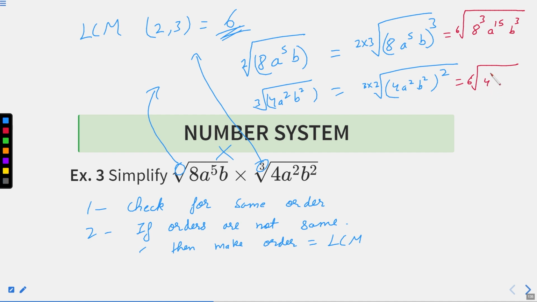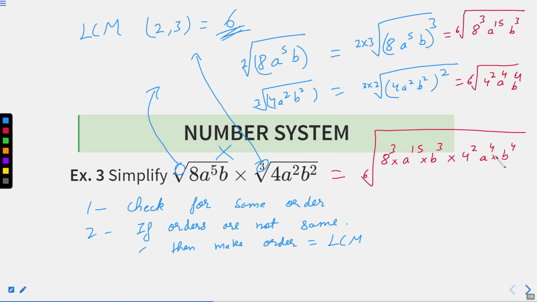Here, 4 squared, a^2 times 2, which is 4, b^2 times 2, which is also 4. Now I can easily multiply them. Multiplying them, I get the 6th root of 8^3 a^15 b^3 times 4^2 a^4 b^4. The multiplication is also here but it is hidden.